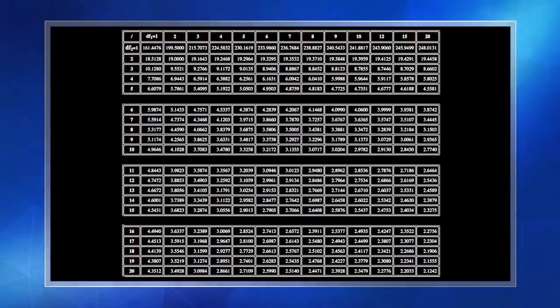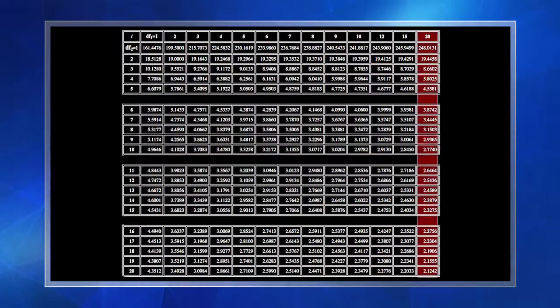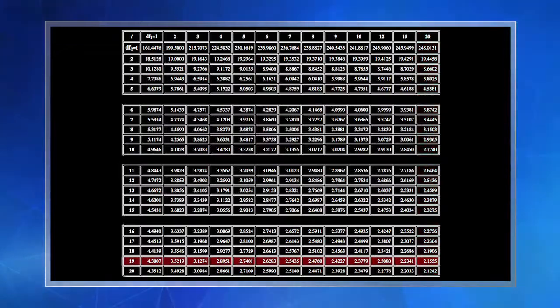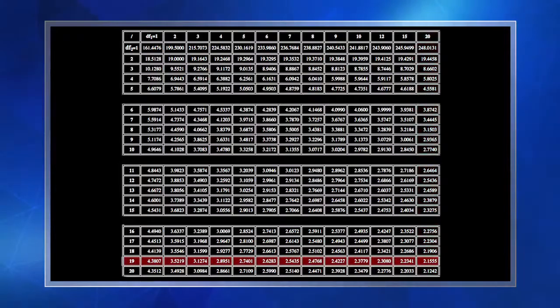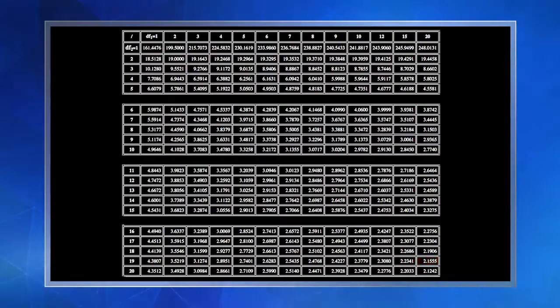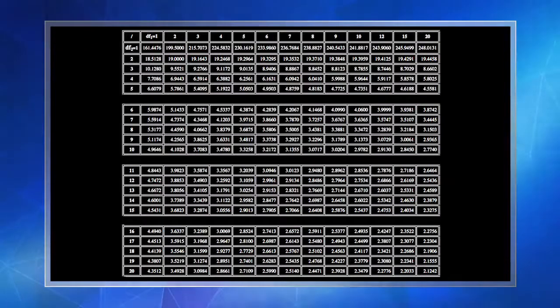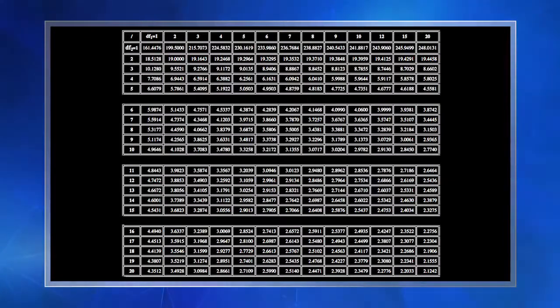For example, if the degrees of freedom of the numerator were, say, 20, and the degrees of freedom in the denominator were 19, then our critical value from the F distribution would be 2.1555. So we would compare our F ratio to this value, and we would reject the null hypothesis if our ratio were larger than 2.1555, or we'd fail to reject H naught if our ratio were smaller than 2.1555.